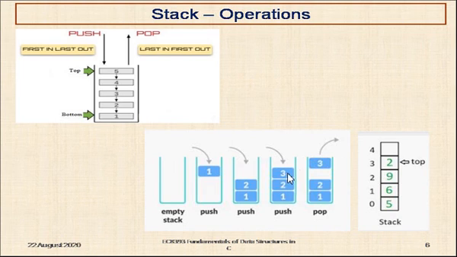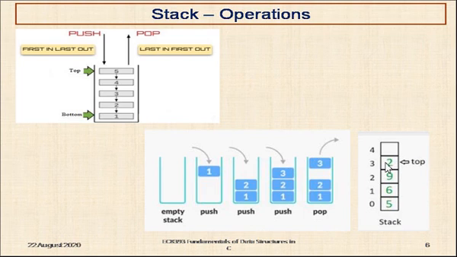So 3 is lastly pushed, so we can only delete the lastly pushed data, that is 3 can be taken out first. And see here the top is the pointer which always indicates the top of the stack, that is up to which the stack is full or up to which the stack is utilized.